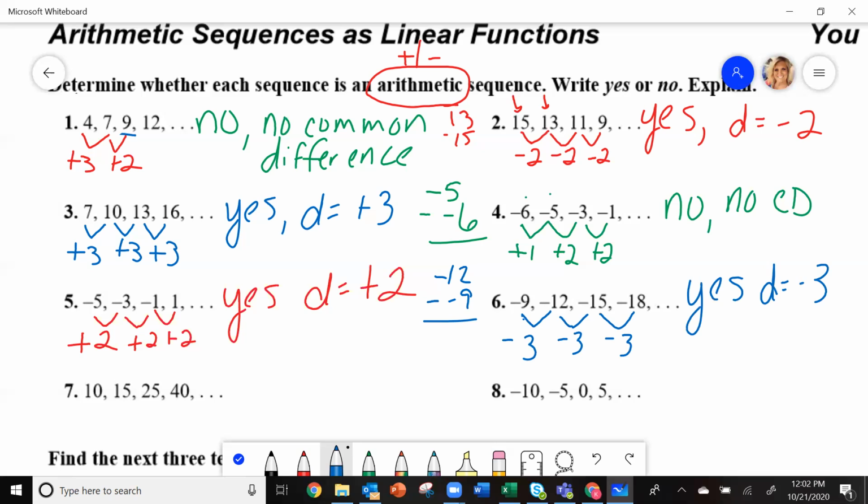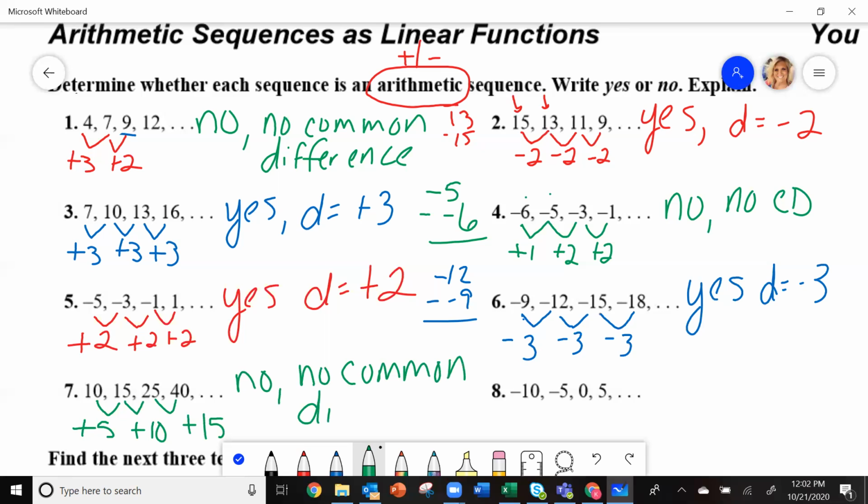The next one, this is +5, +10, +15. So this is no, because there is no common difference. There is nothing that is being added or subtracted to it each time that is the same.